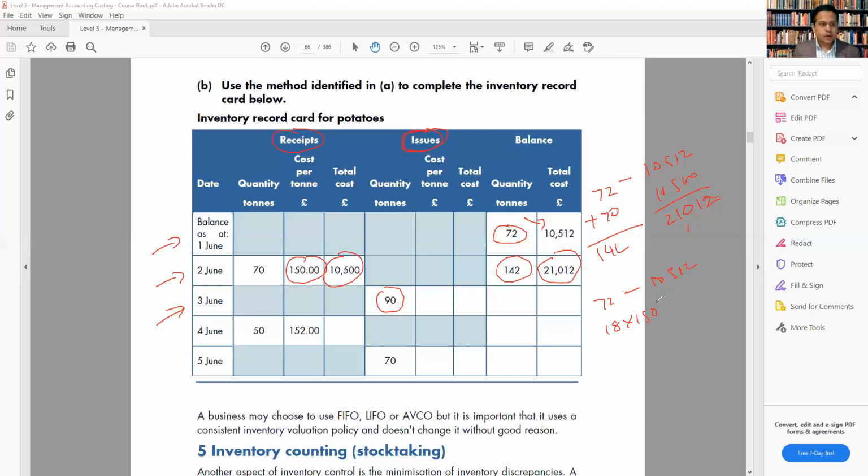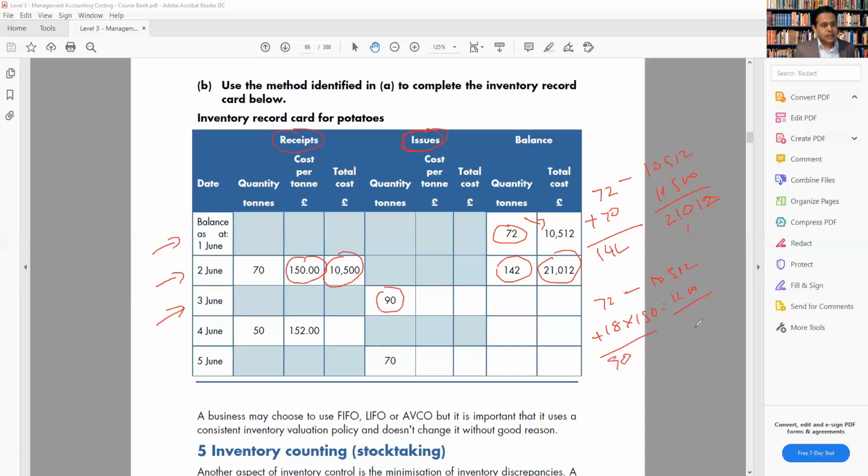And that will give me the cost how much? 18 times 150. Can you get the cost for that? 2,700. So how much will be the total cost here? 72 plus 18 will give you 90 units.